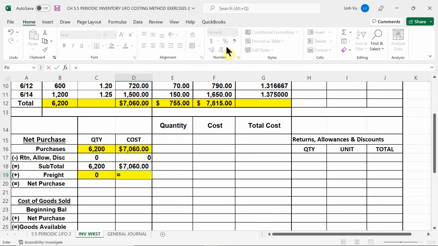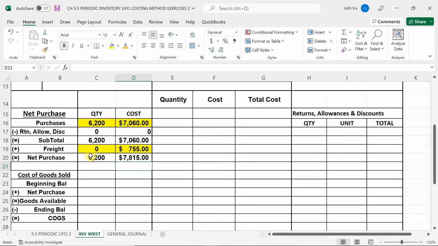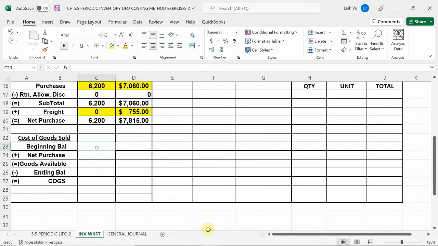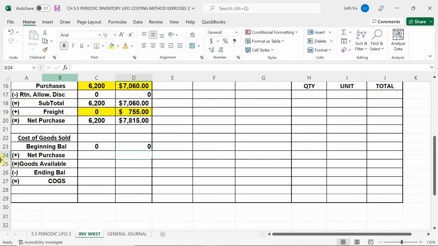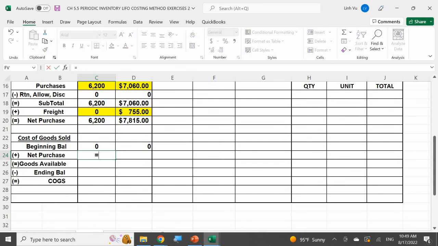In this case, I got $755 worth of freight, so that should give you the same quantity, but a total cost of $7,815. And again, we use this to match our numbers. In this scenario, we didn't have any beginning inventory. I left it blank, so therefore 0 there. However, we're going to carry down our net purchases. I think I was supposed to color that green.